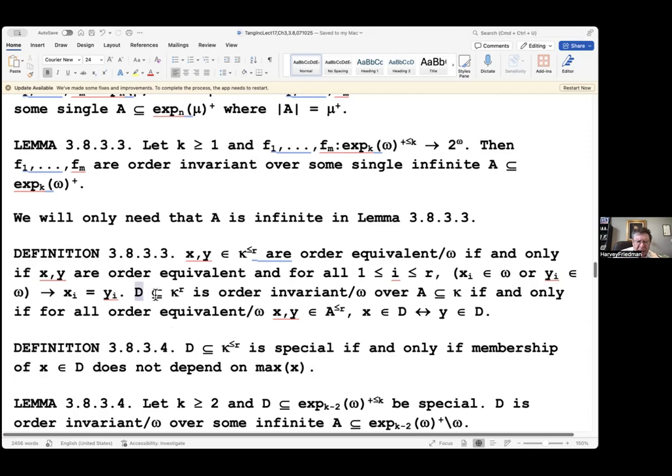And here we need this notion: being order invariant over omega just means that you respect that notion.